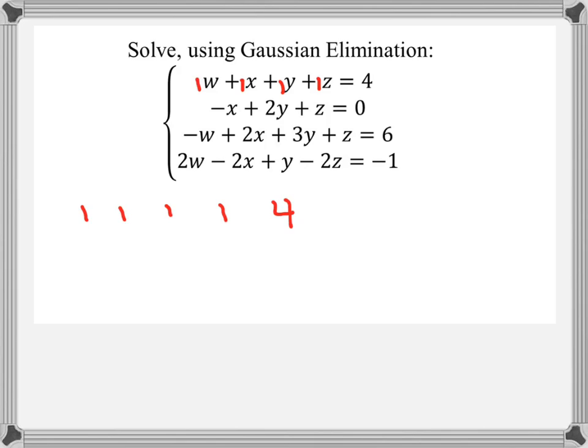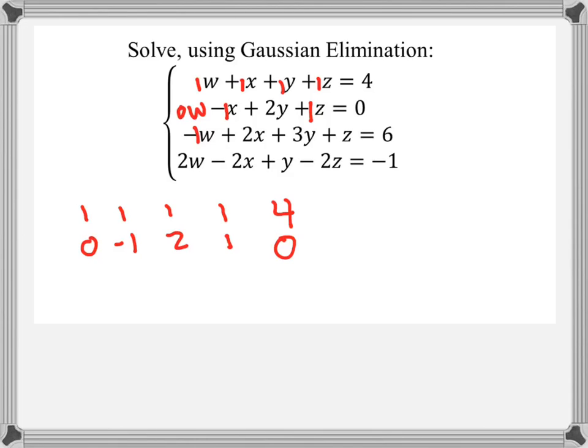For my second row, I don't see a w, but if we are missing a variable, we would fill that in, and we would put a 0 in the matrix. We will have a coefficient of -1 in front of our x and a 1 in front of our z. So that second row becomes 0, -1, 2, 1, 0.